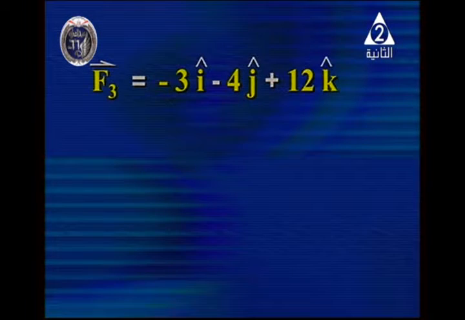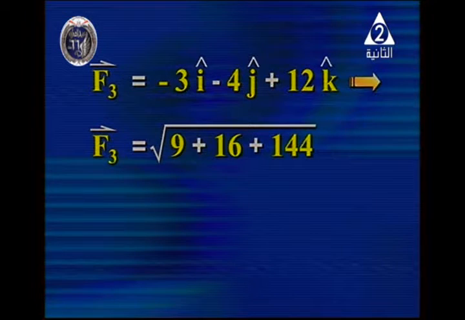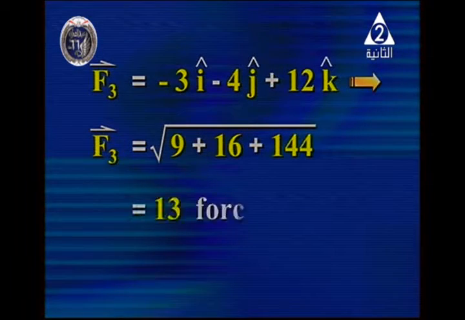Then the vector F3 is negative 3i, negative 4j plus 12k. By using the norm of F3, negative 3 to the power 2 plus negative 4 to the power 2 plus 12 to the power 2, F3 equals 13 force unit.